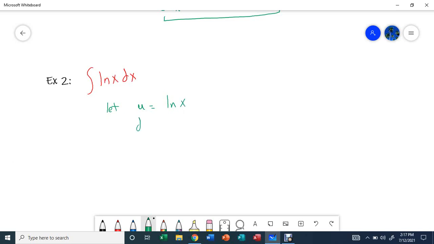So that means du equals 1 over x dx, and let dv equal 1 dx, 1 times dx. So v, the antiderivative of a constant, is x, so 1 is a constant, so it's going to be x here.